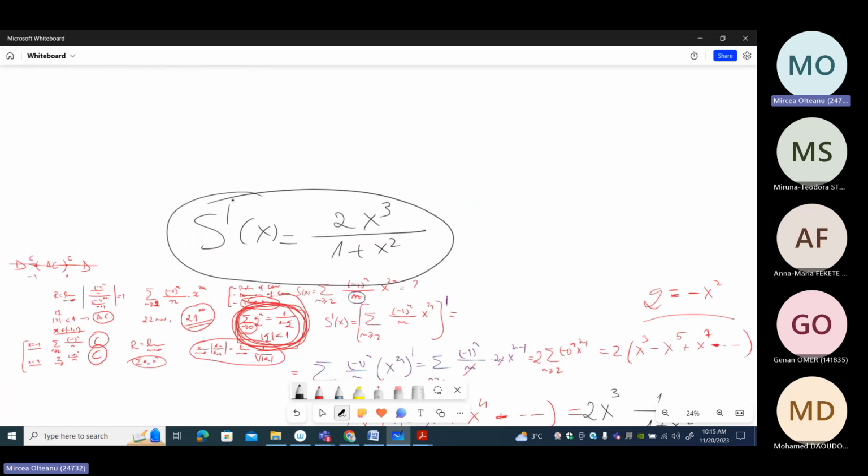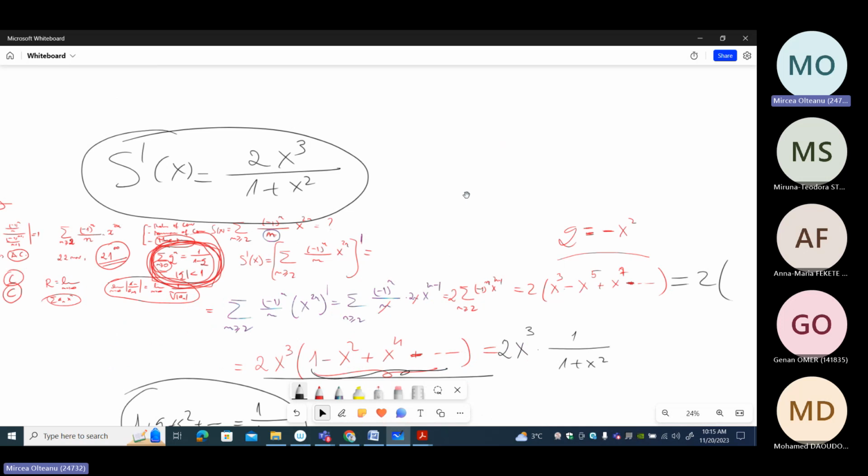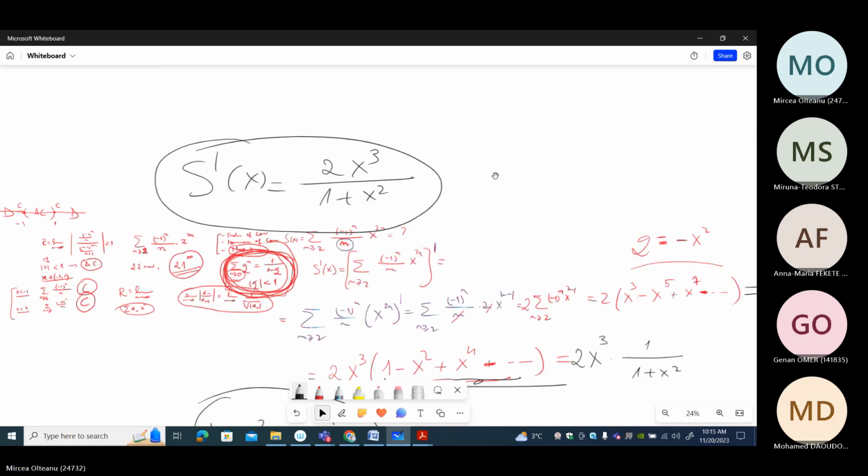And of course, now we need to find the primitive of S. Now, a function has infinitely many primitives. So the question would be, which one of them is S of X? We shall compute all the primitives, and then we must choose the right one. It's obvious from the formula of S, which is written here.